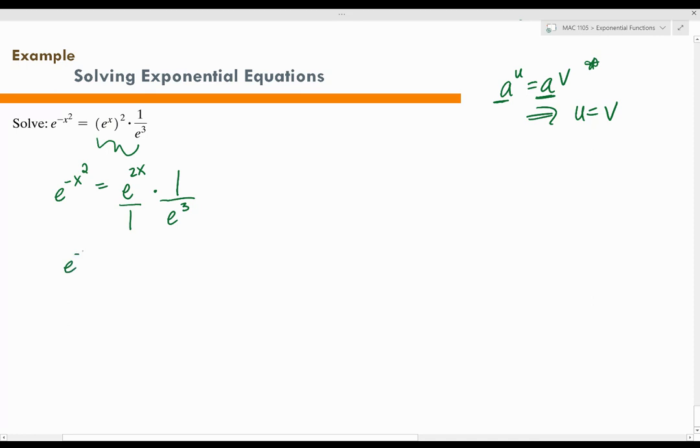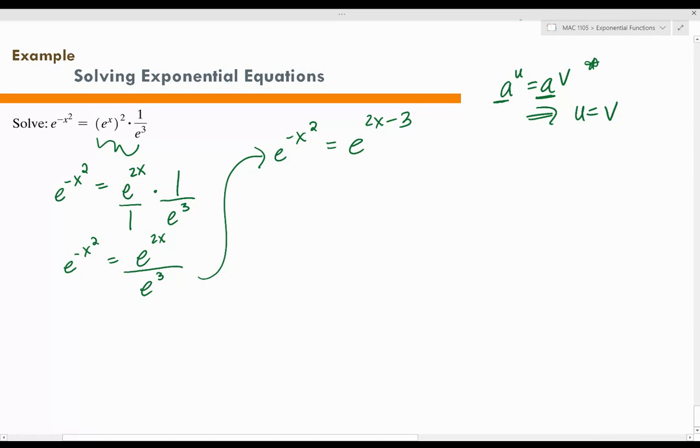So that gives me e to the negative x squared equals e to the 2x over e to the third. Our laws of exponents say if you have like bases and you're dividing, you subtract the powers. So I can say e to the negative x squared equals e to the 2x minus 3.